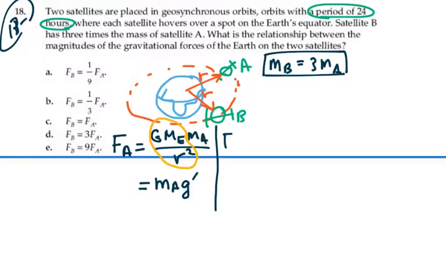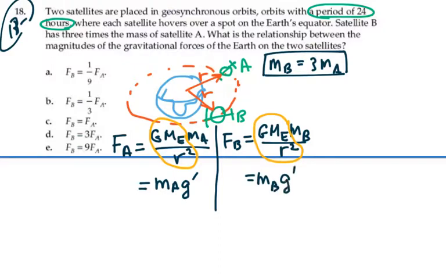If we look at the force on satellite B, that's equal to G times the mass of Earth, mass of B, over the same radius, r squared. And again, we have G mass of Earth over the radius squared at that point. That is the acceleration of gravity at that point. So this would be equal to the mass of B times the acceleration of gravity at that point.